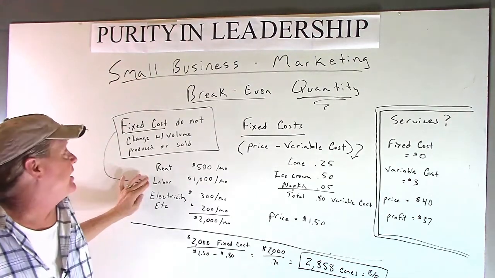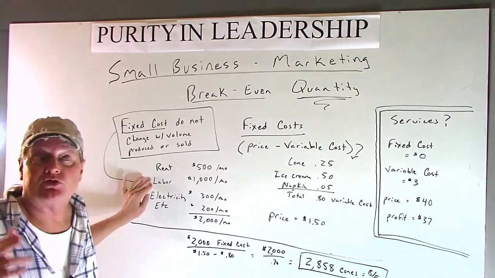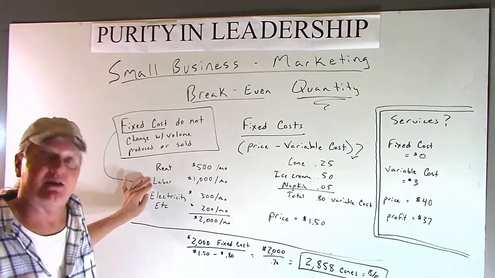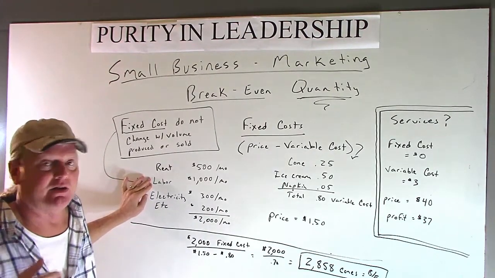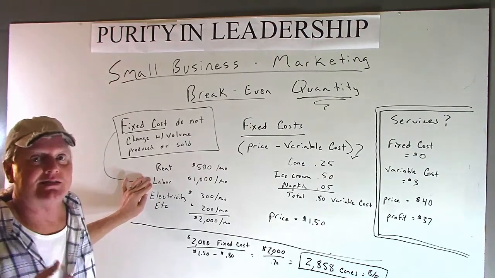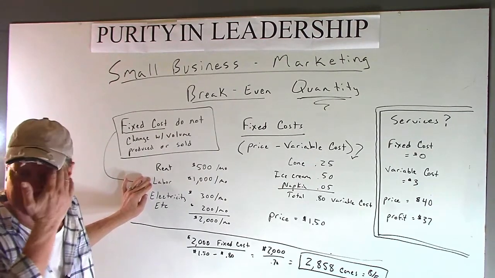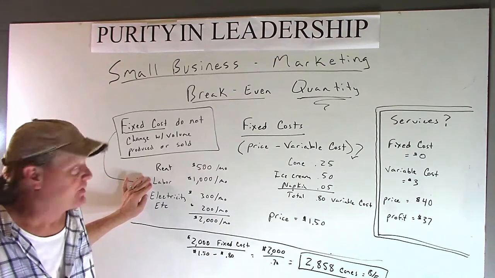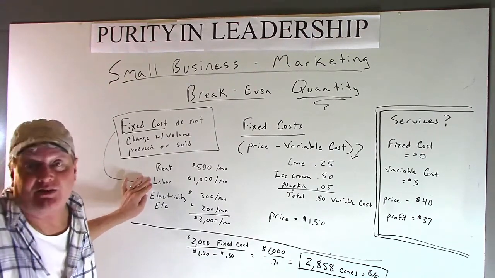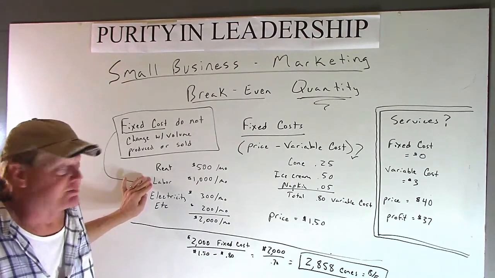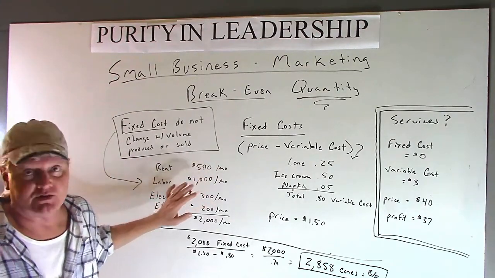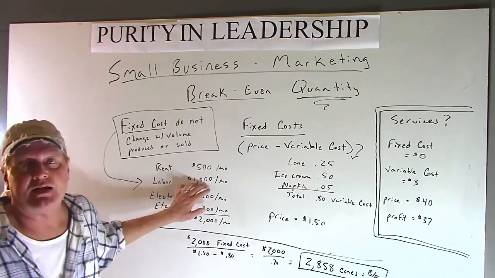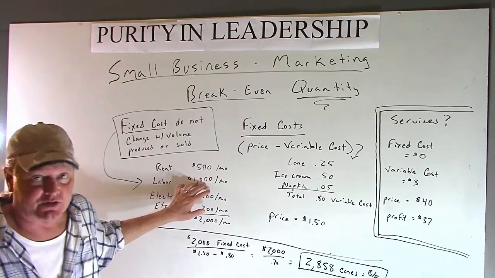In my view, if you're starting a small business, if at all possible, this labor is a fixed cost. We can't be sending them home every day, because then they don't make enough money to support themselves. Okay, so rent, $500 a month, does not change. Labor, $1,000 a month, does not change.